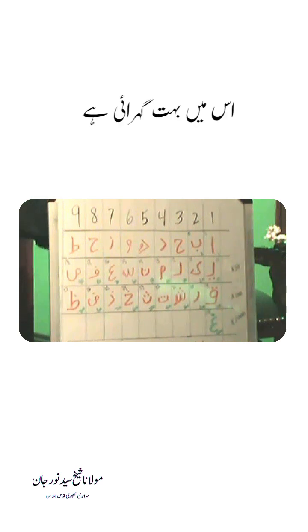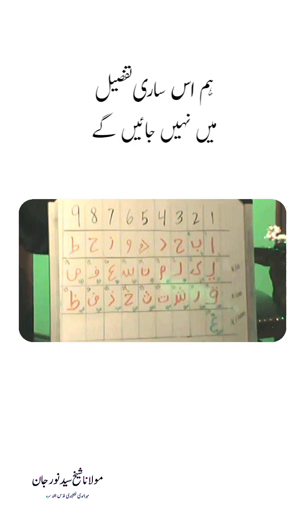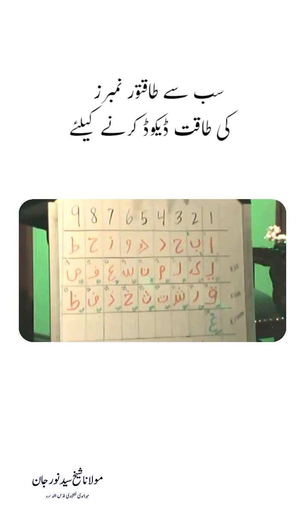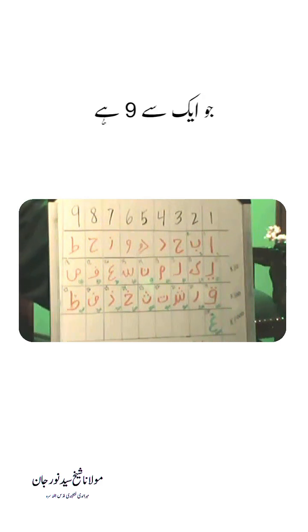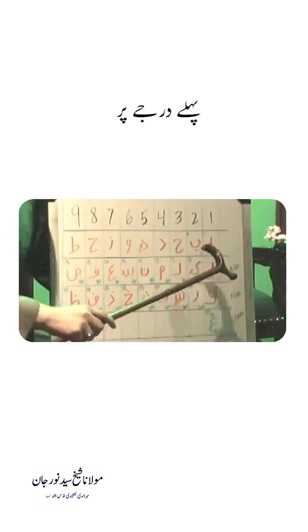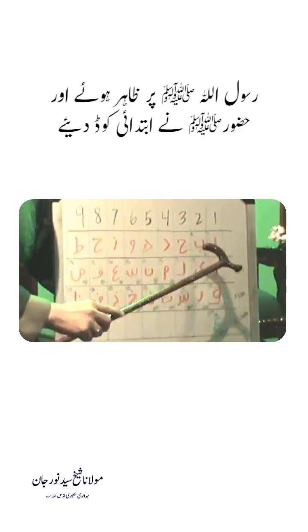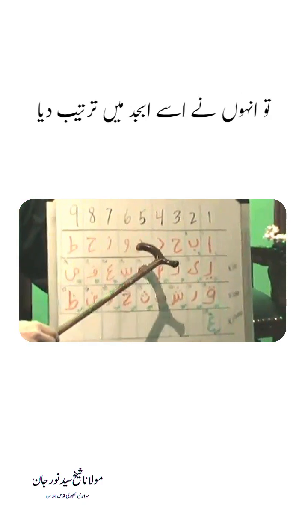It's deep, we're not going to go into all of that, just the basic understanding of how it is laid out. It's laid out in decoding the power of the most powerful numbers, which is 1 through 9. At the first level, it was revealed to the Prophet and he gave initial codes, so then they put it in the Abjad.